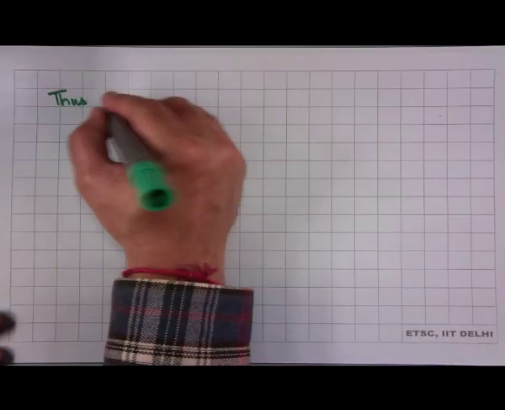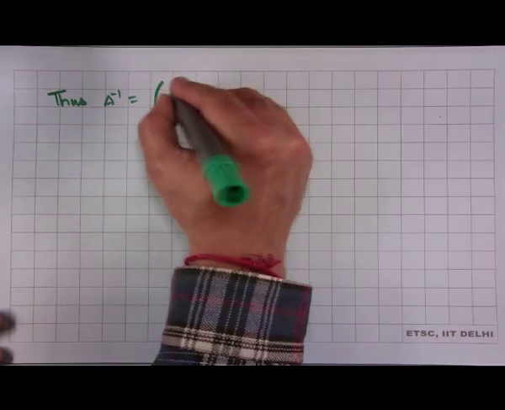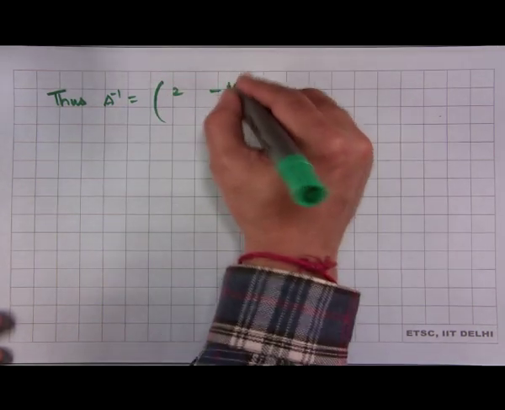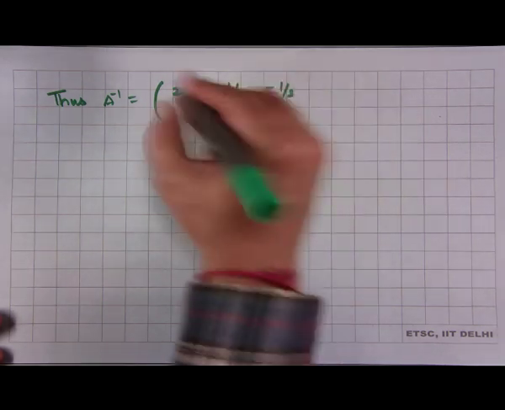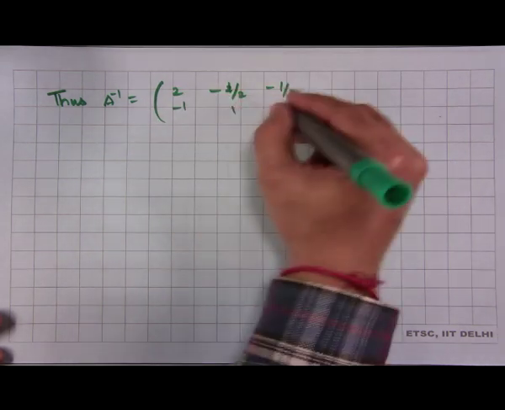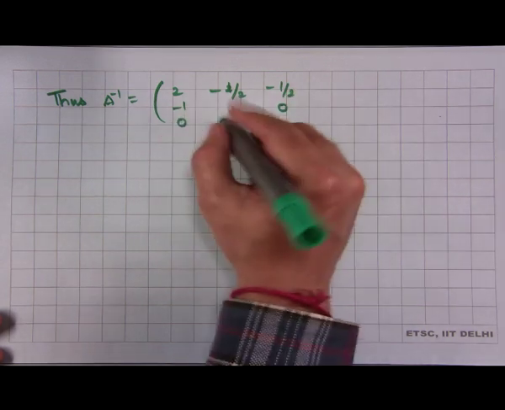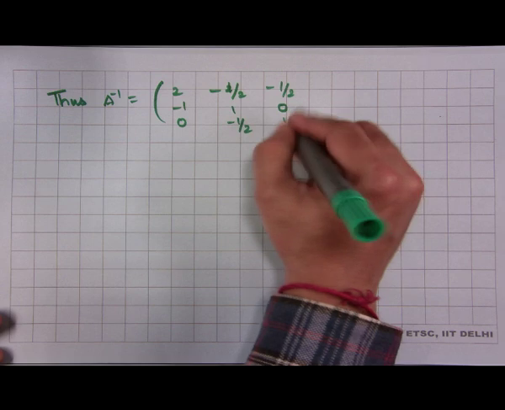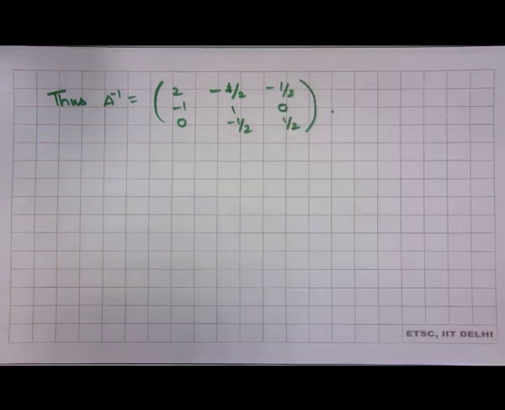So, thus A inverse equals [2 minus 1/2 minus 1/2; minus 1 1 0; 0 minus 1/2 1/2]. With this we will stop this lecture.